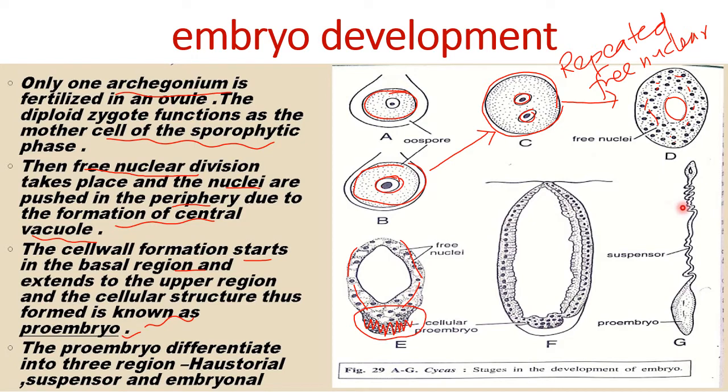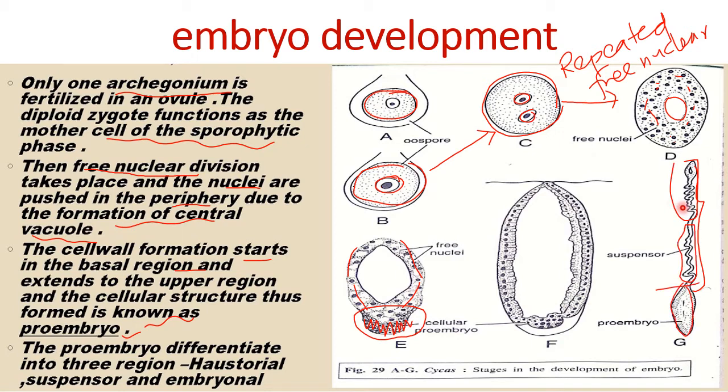Now the proembryo differentiates into three regions, that is haustorial suspensor, embryonal suspensor, and last is proembryo. So here you can see the suspensor part. Out of that, this is the haustorial suspensor, this part. This is the embryonal suspensor, this part, and this is the proembryo.